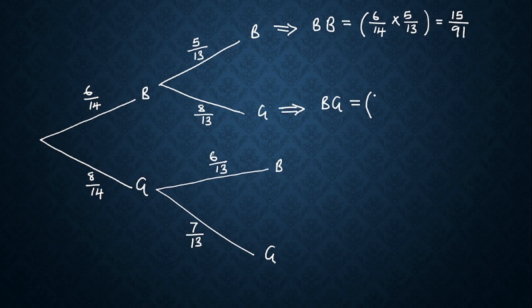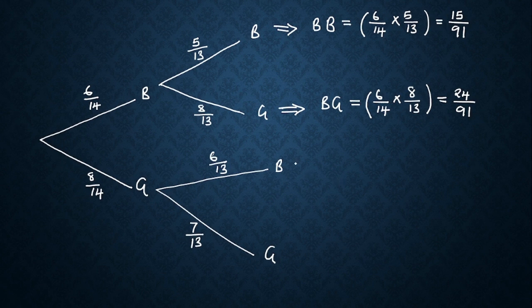So 6 over 14 multiplied by 8 over 13. This is going to give us 24 over 91.